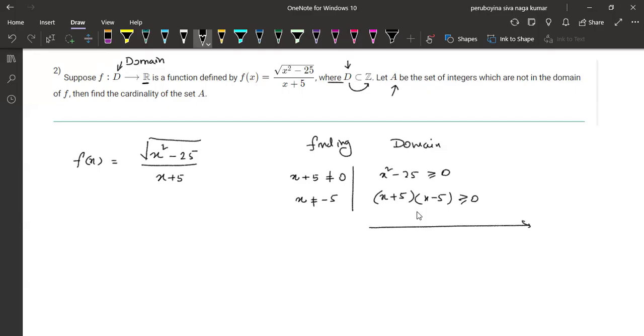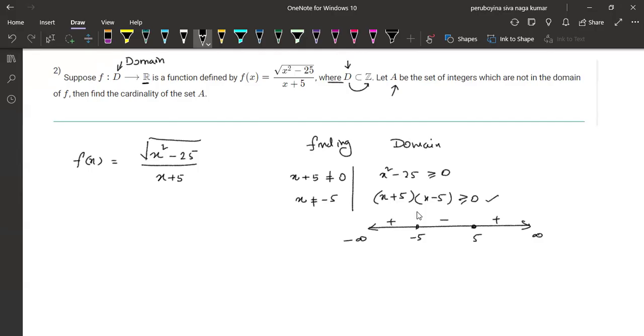So take a real line, from minus infinity to plus infinity. And if you see the first factor x plus 5, what is the root of that one? Minus 5. And x minus 5's root was 5. And we know that on this real line, this is positive area, this is negative, and this is positive area.